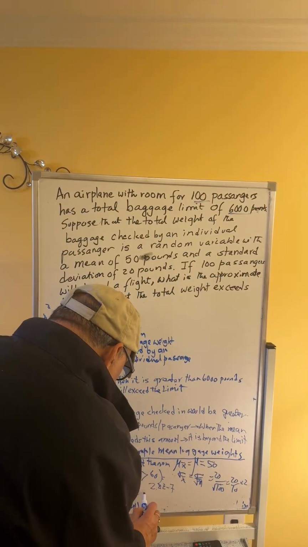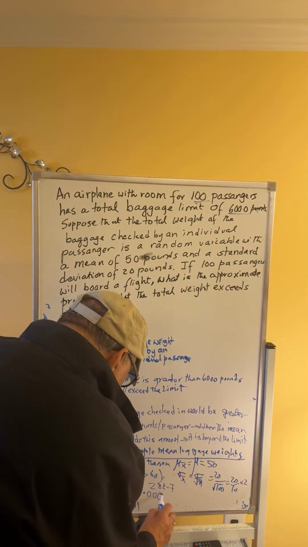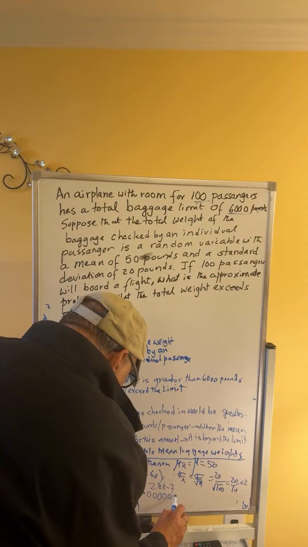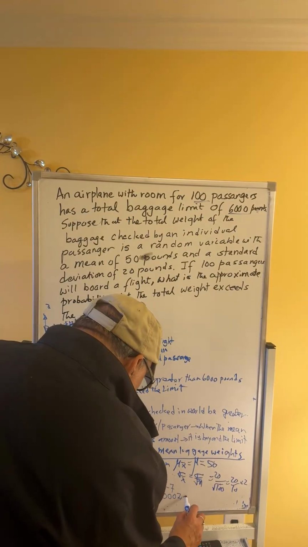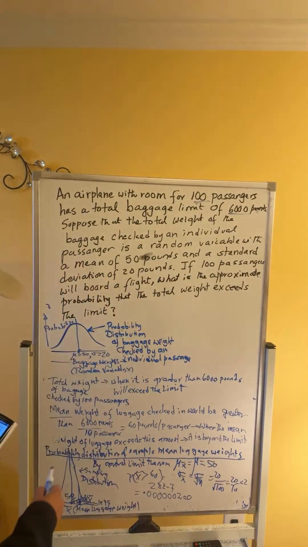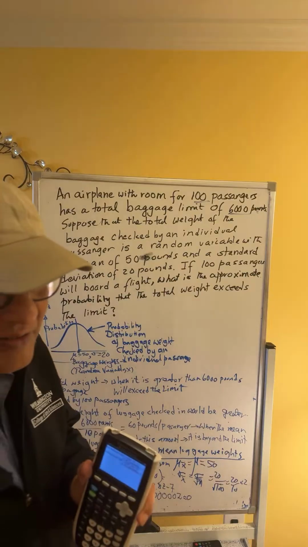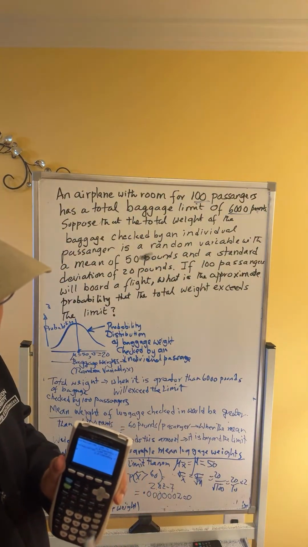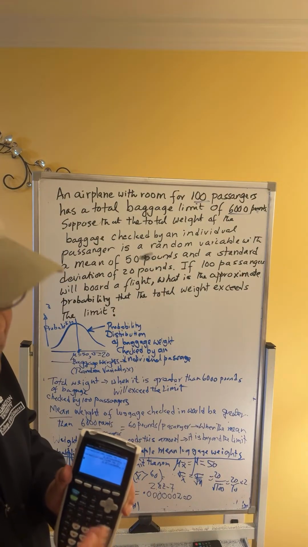It is equal to 0.0000002, and so on. This is almost equal to 0. So there is a very small probability, a decimal point followed by 6 zeros and 2. That's almost equal to 0.